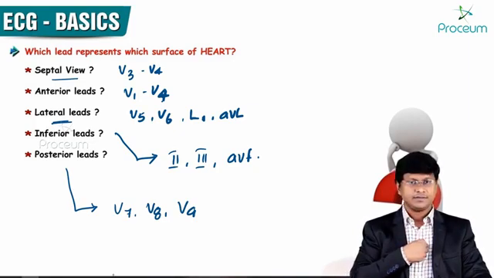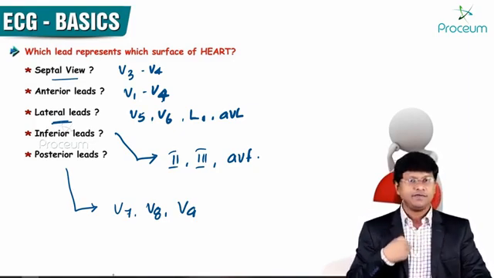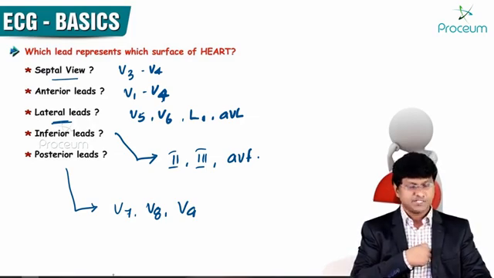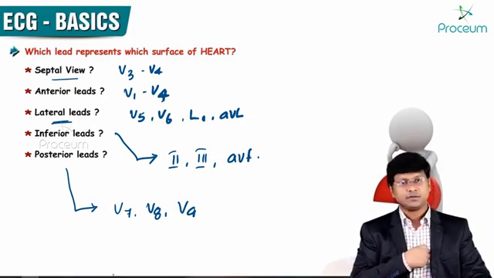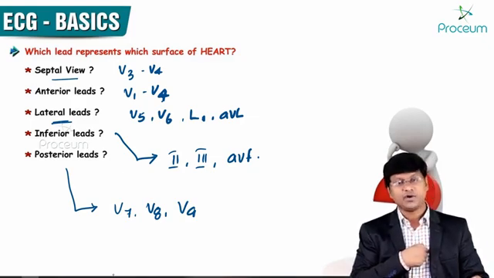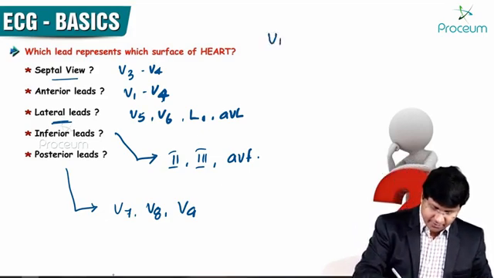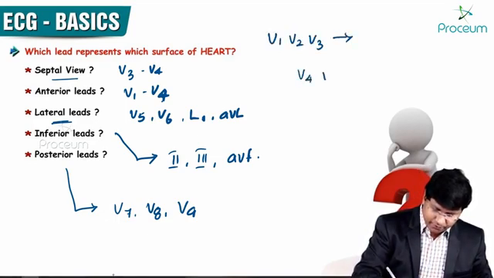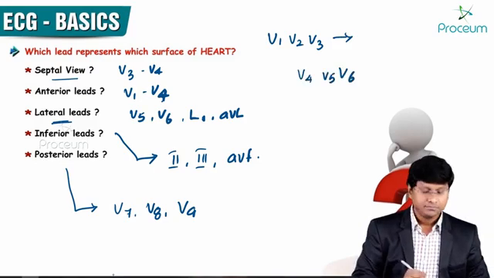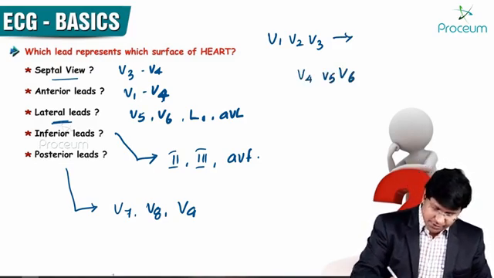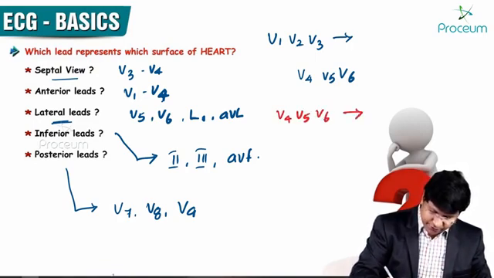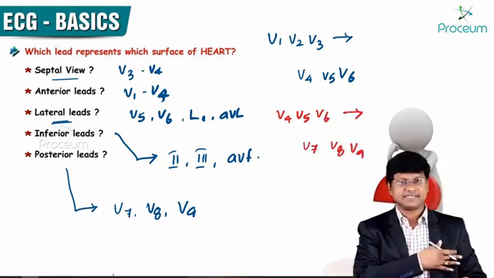V1, V2, V3 are replaced to the position of V4, V5, V6, whereas your V4, V5, V6 are replaced to the position of V7, V8, V9. The same thing, we will just replace them.